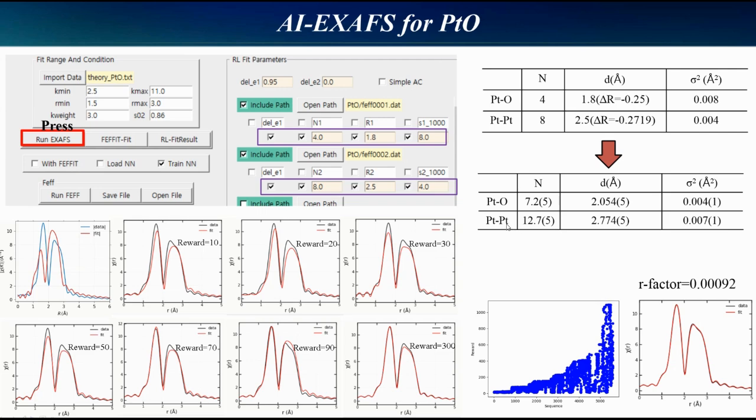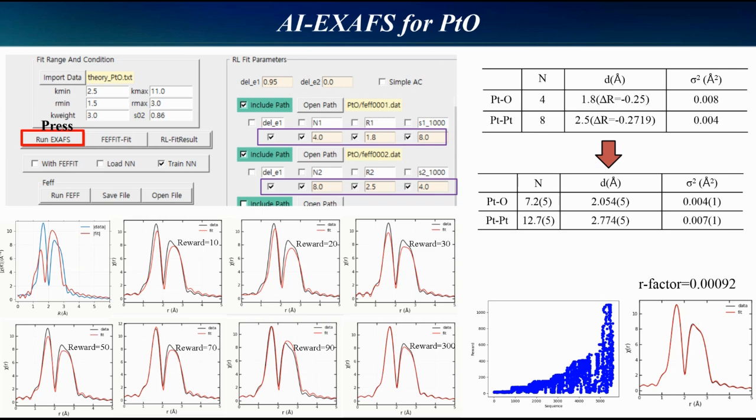Next, I demonstrate how JAI-EXAFS effectively fits platinum oxide data or others, even with inaccurate initial values. We adjusted each initial value as shown at the top. You can see, you saw these ones, right?